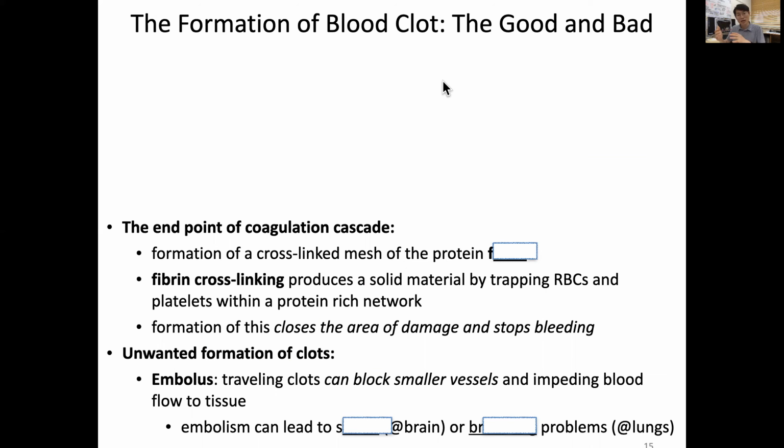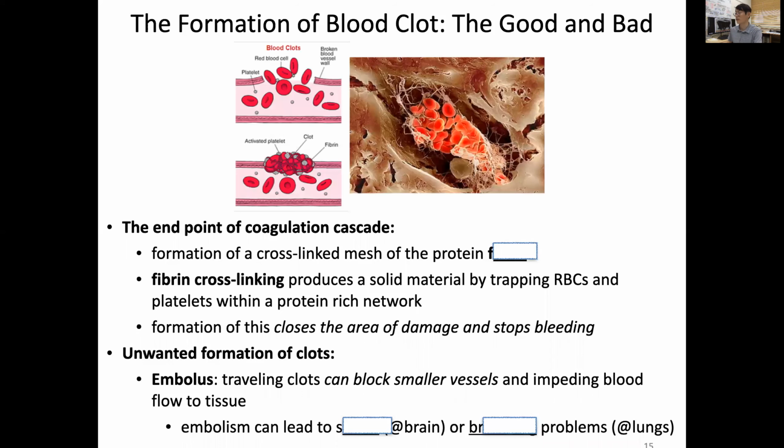But on the other hand, a clot inside the blood vessel may cause health issues. The end point of the coagulation cascade is the formation of a cross-linked mesh of the protein fibrin.